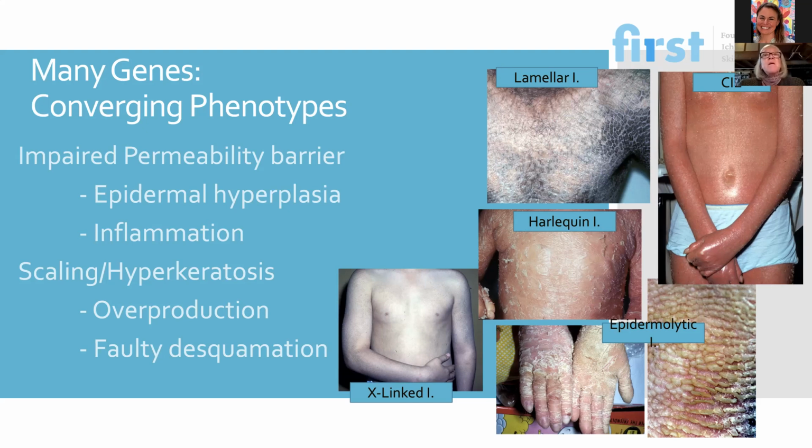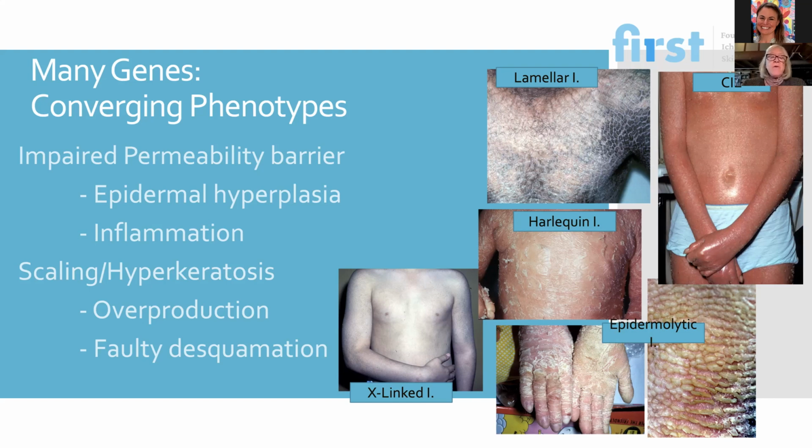The second common phenotypic feature of ichthyosis is the clinically obvious one of thickened, rough skin, termed hyperkeratosis, and visible scaling. This is the result of the overproduction of the stratum corneum combined with a faulty shedding mechanism.